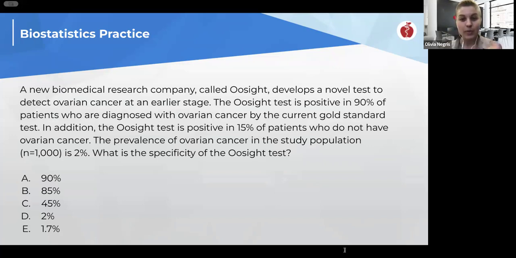And in this case, the false positive rate is that 15% of patients who tested positive who do not have ovarian cancer. So 100% minus the 15% would give us our answer. If we advance to the next slide, we can see our answer in this case is B, 85%.